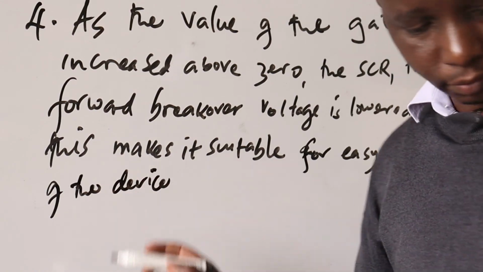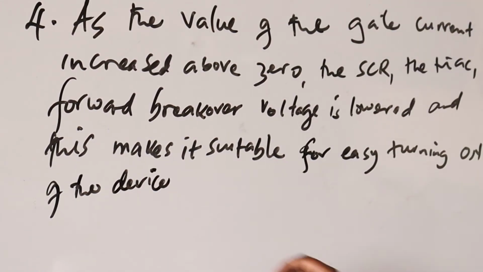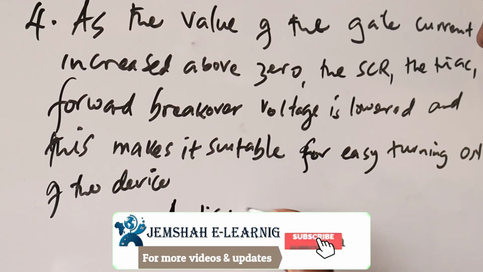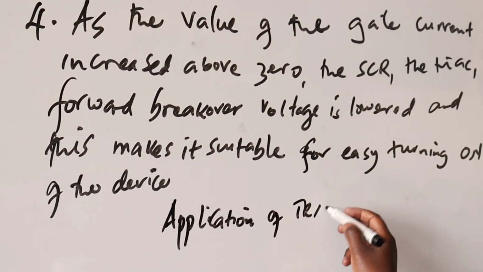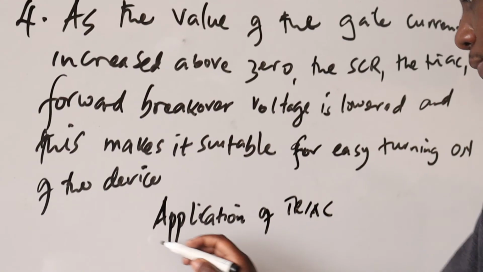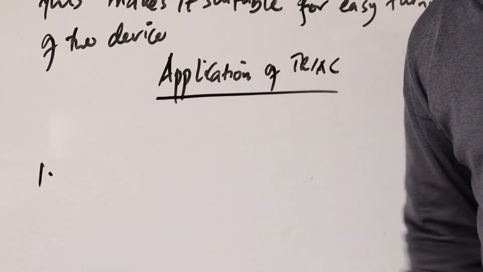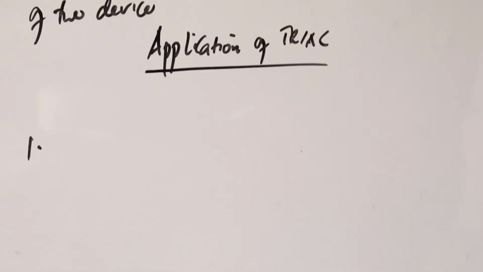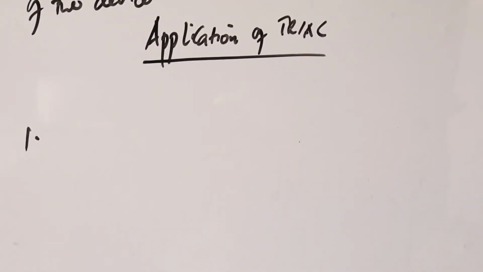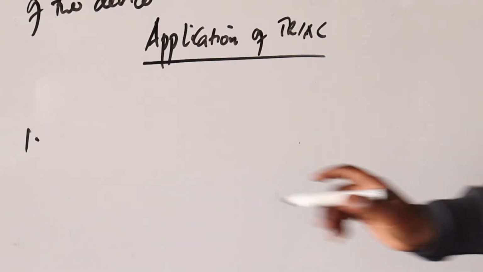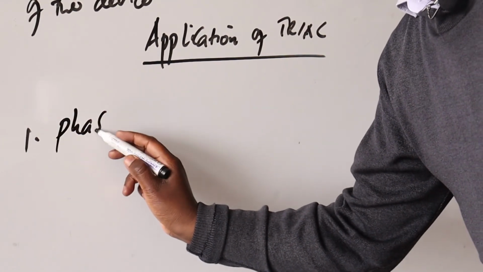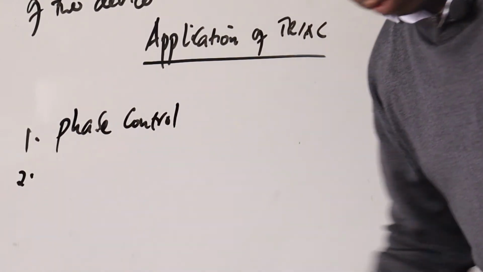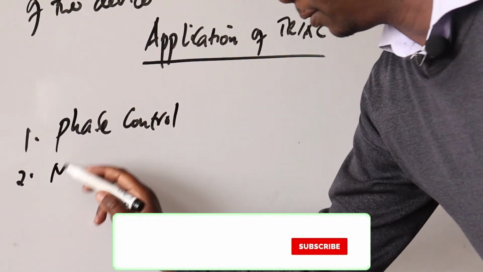We are also talking about the applications of the Triac. They're nearly similar to the SCR in almost all aspects because they're just identical. So we have the phase control, number 1. Number 2, the motor speed control.